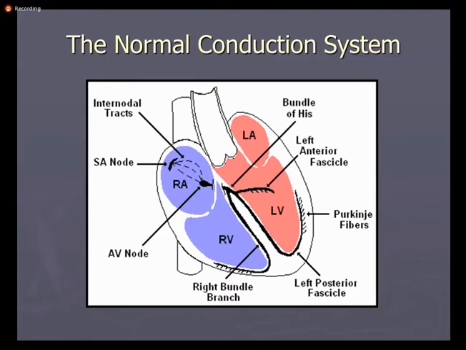So it is a normal electrical current which originates from the SA node, passes through the internodal pathway into the right and left atrium, stays for a while at the AV node, and then passes further down through the His bundle, which further divides into the right bundle and left bundle. It is the normal pathway to conduct current from the SA node to the rest of the myocardium.